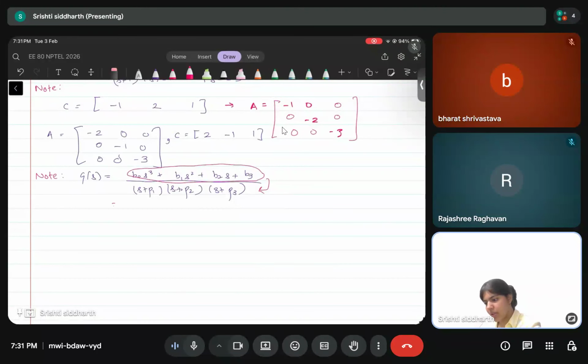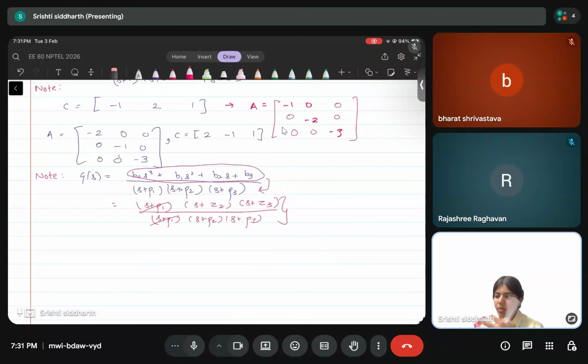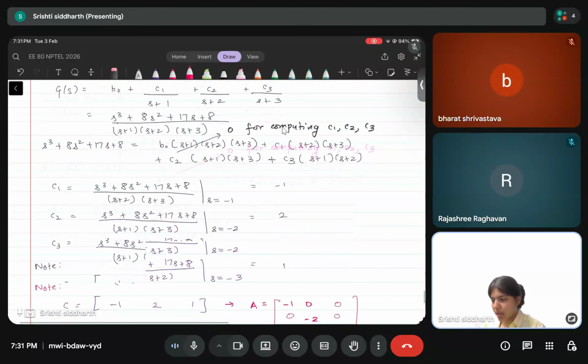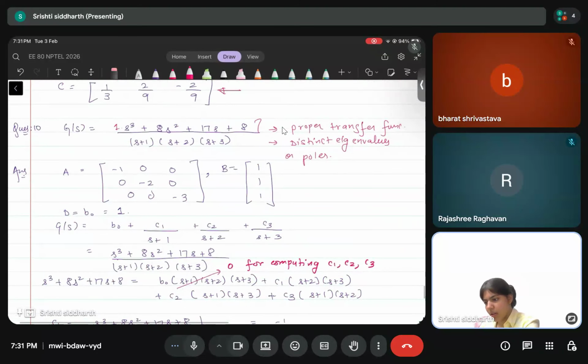For example, if the numerator is (S plus p1)(S plus z2)(S plus z3), there would be a pole-zero cancellation, and we would have a reduced transfer function. So if it's not specified, as we have done in the previous question, you can just go ahead and find the A, B, C, D matrices.